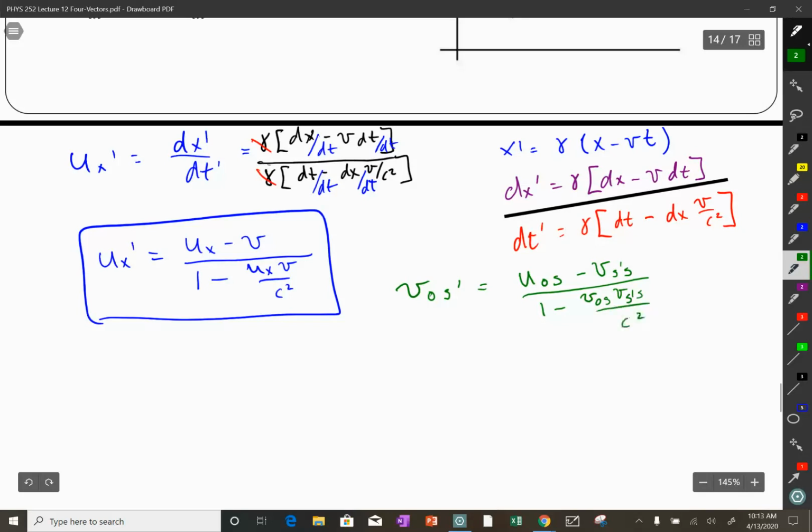over c squared. Now you might look at this and say, wait, that's not the same as what you wrote in class. But it is, because remember, v of s prime s is equal to minus v of s s prime.